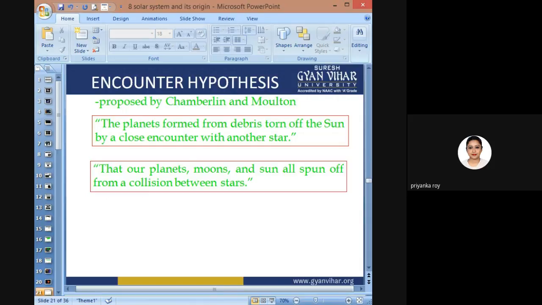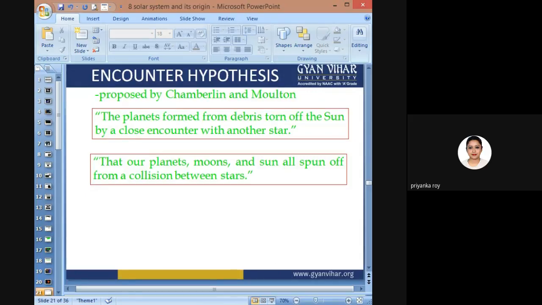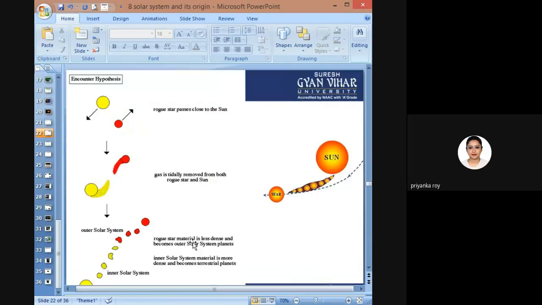This is the tidal hypothesis, or planetesimal hypothesis. So our planets, moons, and sun were all spun out of a collision between two stars. That was the hypothesis given by Chamberlin and Moulton.